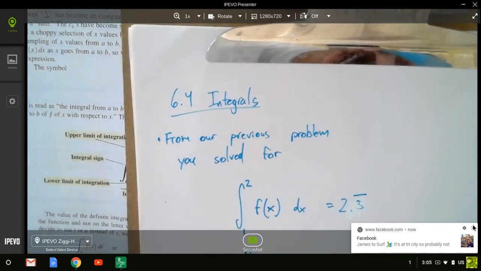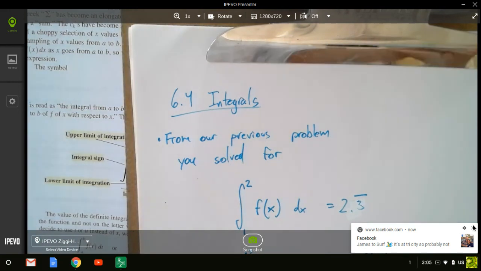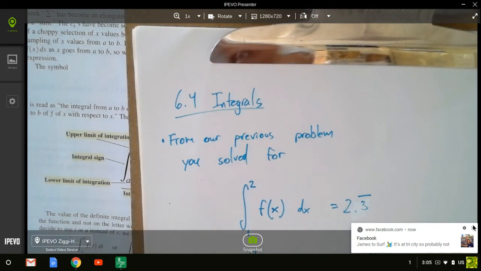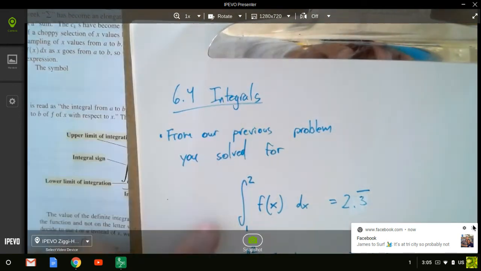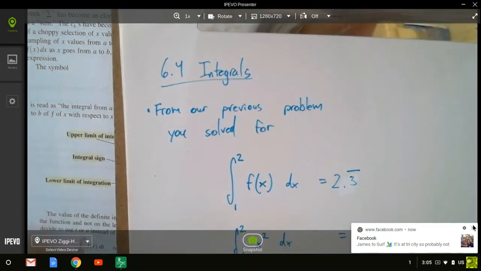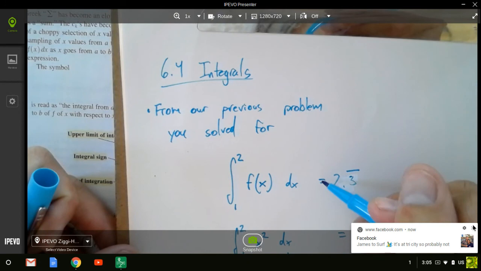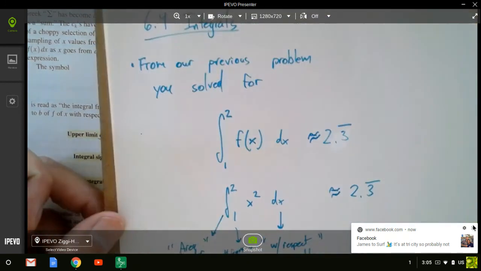Integrals. Now we're going to learn about integrals. I wish they would have taught you 6.5 as 6.4, and this would have been the last section, because it all comes to a head right here. This is the easiest way to figure out these areas under the curve, okay? And by the way, I'm going to say our integral was about 2.3.